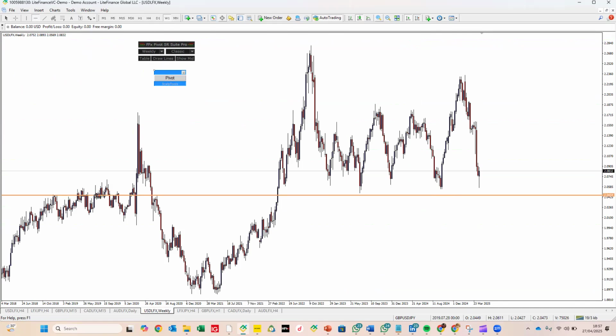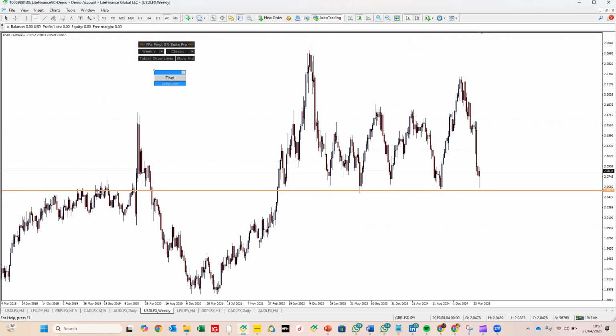In this case, as you can see right here, we seem to have a very strong support line. Price got here and then it started reversing. There's every tendency that price is going to be turning bullish, that the US dollar is going to be turning bullish, but not immediately.